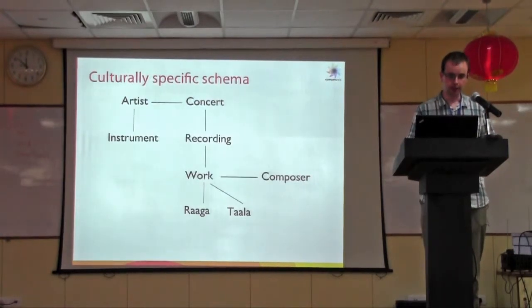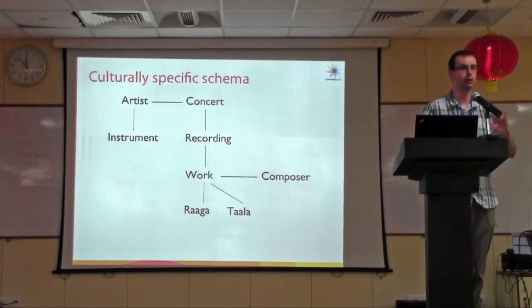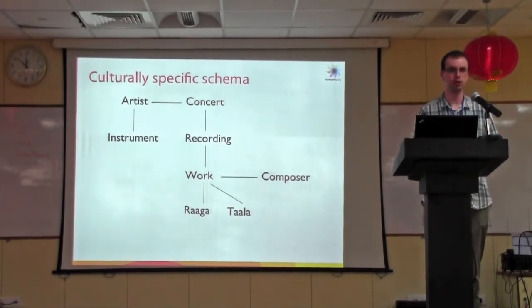So pulling it all together, we've developed a culturally specific schema for this Carnatic music. What we're doing is getting all of the relationships between information that we know from MusicBrainz, and we're storing that ourselves in a way that we can understand the relationships between each of these items.